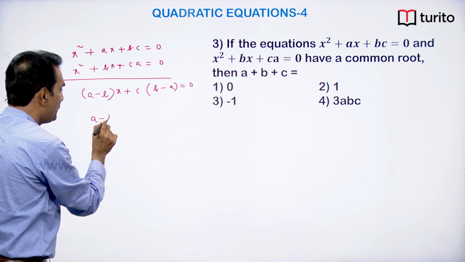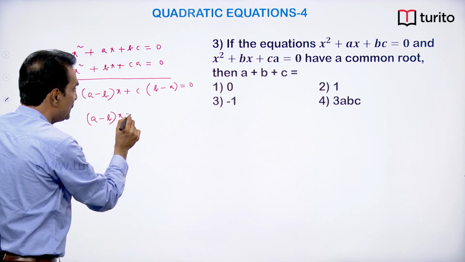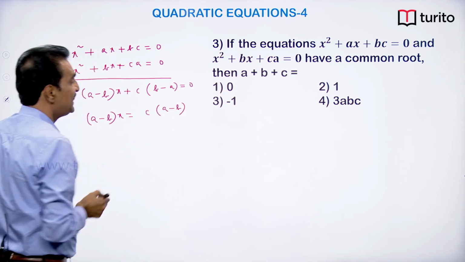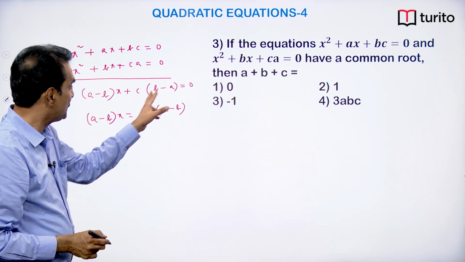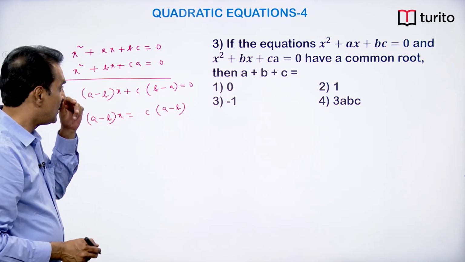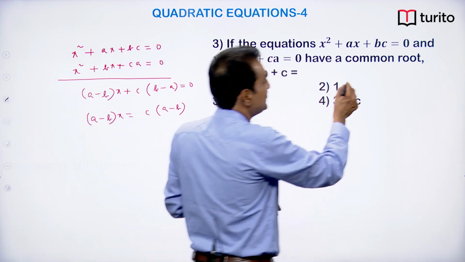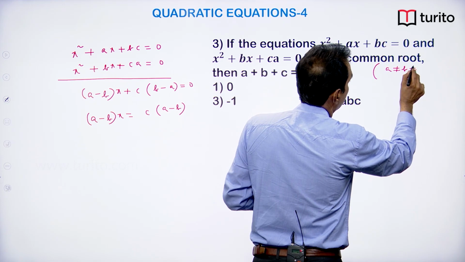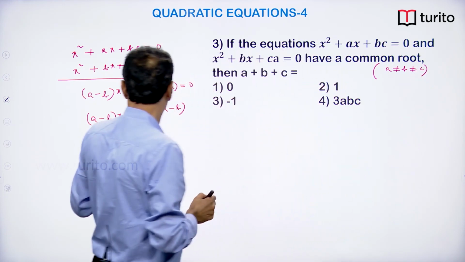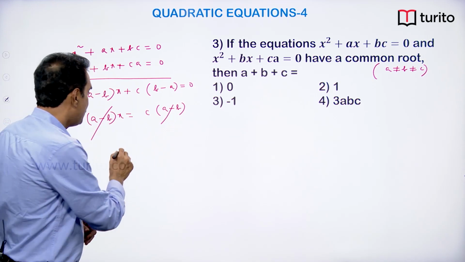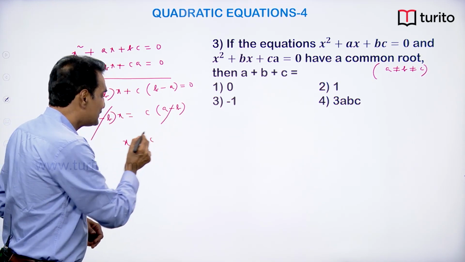Then you will get a minus b into x is equal to c into a minus b. Is it not? If it goes that side, b minus a becomes a minus b. Now, in the question it should be given a, b, c are distinct. Then a minus b cancels, we will get the common root as c.